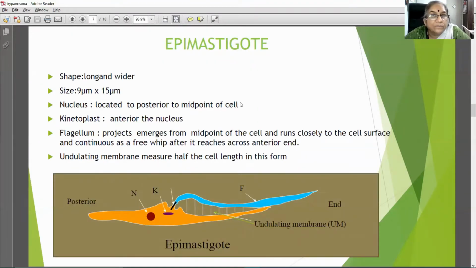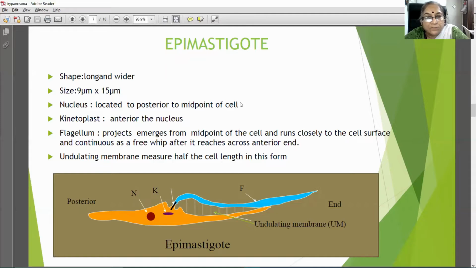Epimastigote is the third form. It is long and wider, the size being 9 micrometers by 15 micrometers. Nucleus is located posterior to the midpoint of the cell. Kinetoplast is anterior to the nucleus.